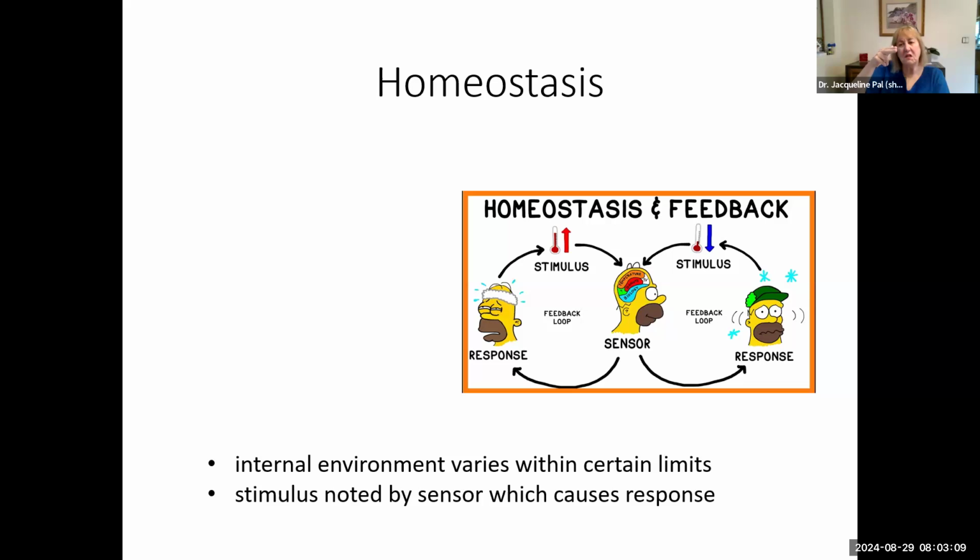When it goes down a little bit lower, the little sensor is going to say, okay, low enough. And just like your thermostat will turn off the air conditioner, the sensor in your body is going to say, good enough. It's going to stop dilating those blood vessels. They're going to narrow back down.